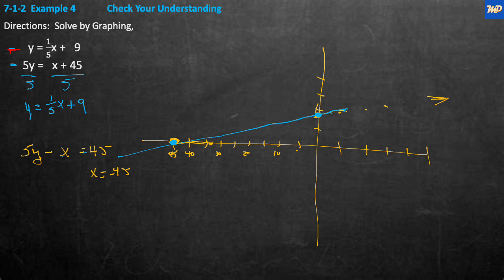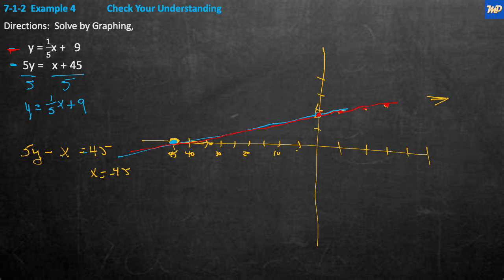Now it's telling me that y is equal to 1/5 x. So I'm up at the 9, same point. Except now I'm going to go up 1 and to the right 5. Up 1 and right 5. Up 1 to the right 5. So let's assume that that's it. If I did that, I'd draw basically, guess what? The same line.